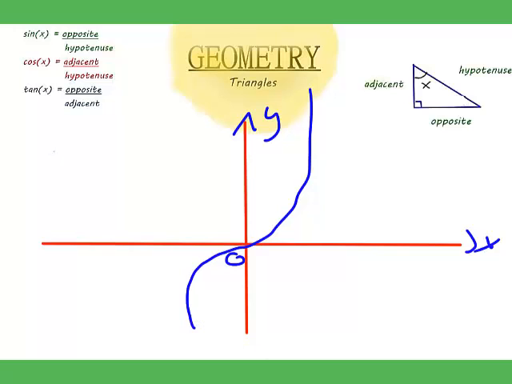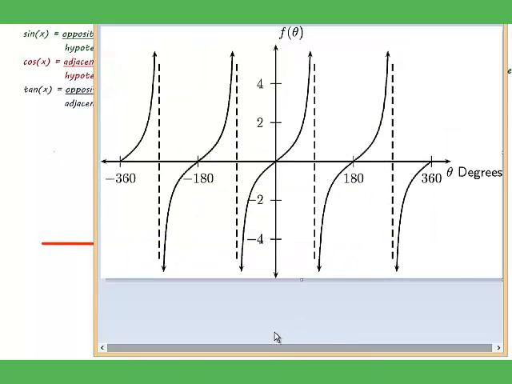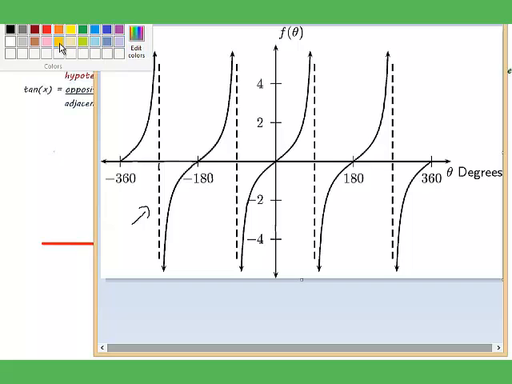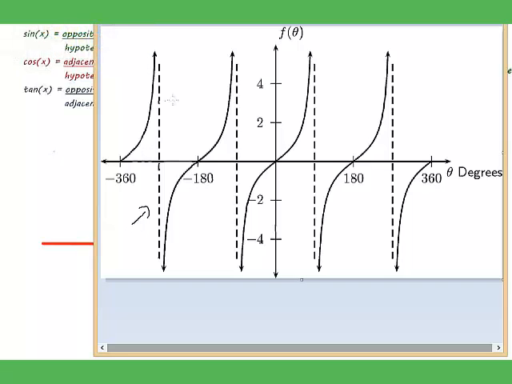Okay, so here's a more exact version. And you can see there are dotted lines here. Let me change colors so you can see it properly. So there are dotted lines here, here, here, and here.